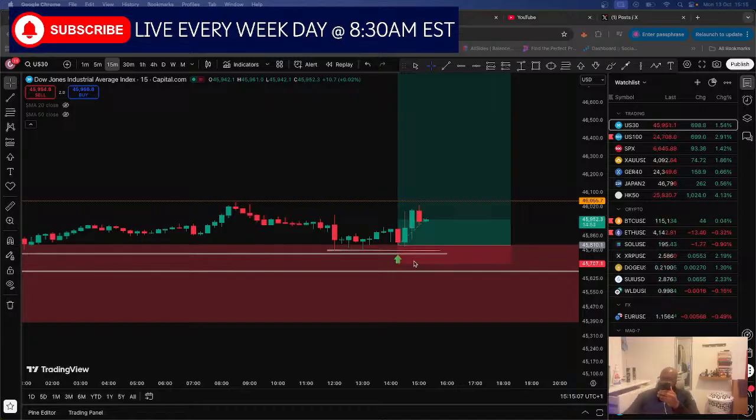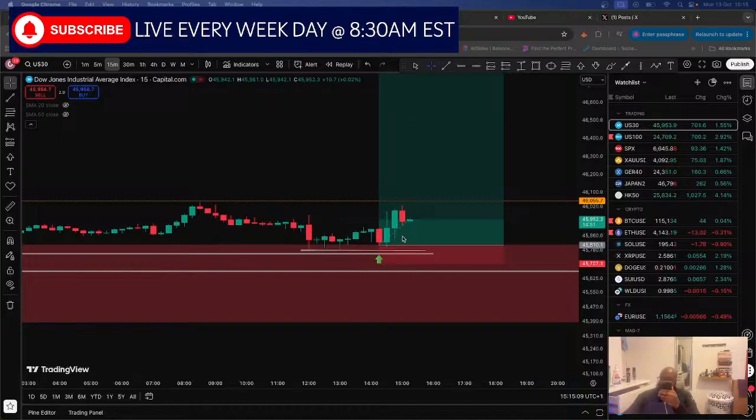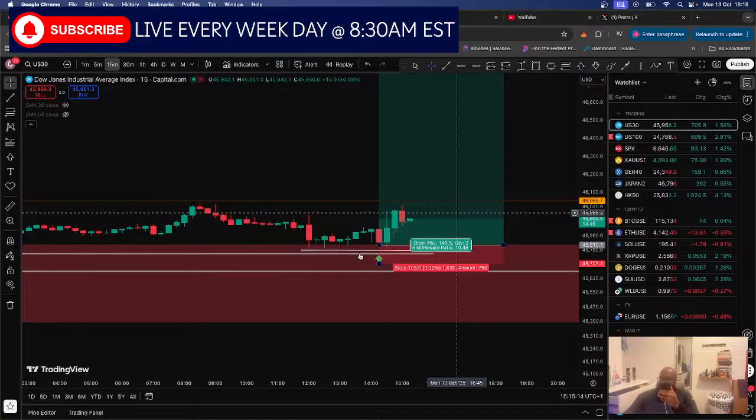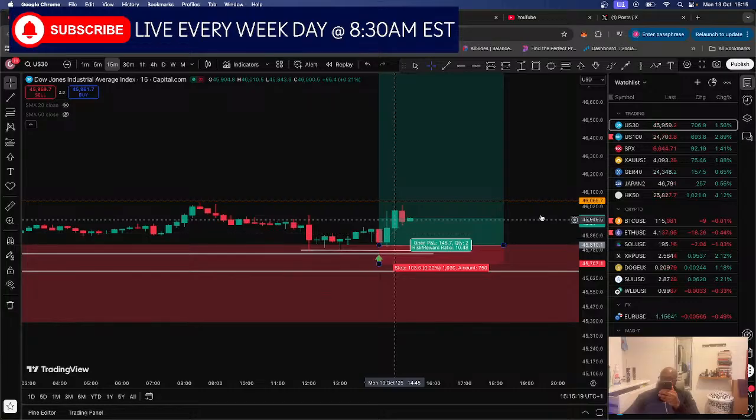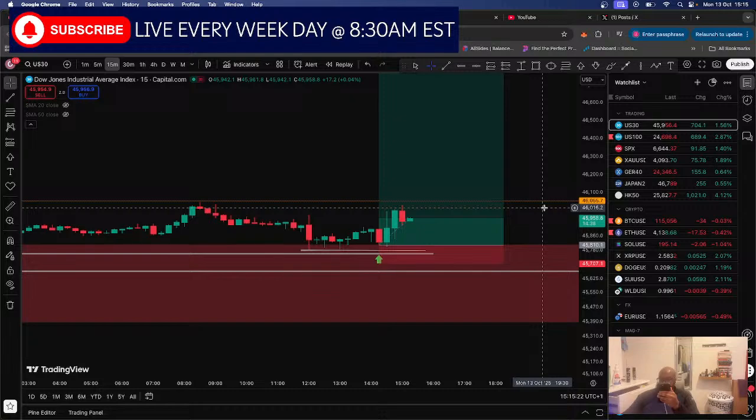I'm still holding the position, but I want to see this break above the order block aggressively right now. If we get any inkling of a rejection, the market is going to absolutely fall off a cliff. Let's see if we could gather the momentum to go higher.